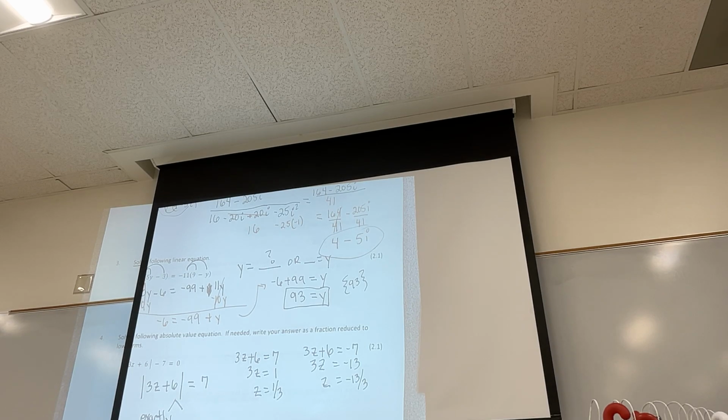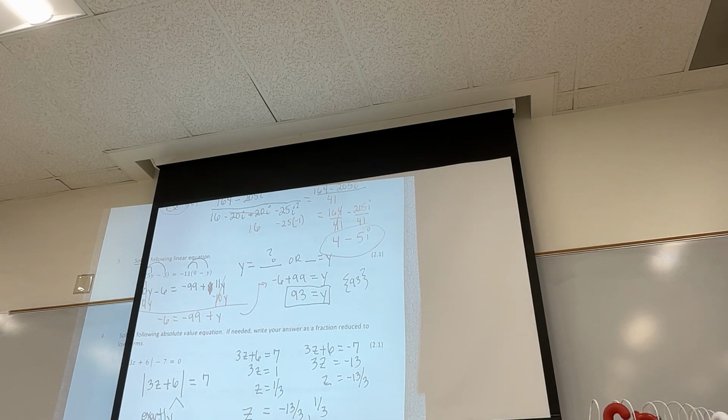Can I have a negative answer? We have integers, right? We have real numbers. Yeah. So we get our two solutions. I like my students to write small to big, so they write their negative answer first, or their smallest, and then their next answer. So these are my two solutions for z, as in zebra.